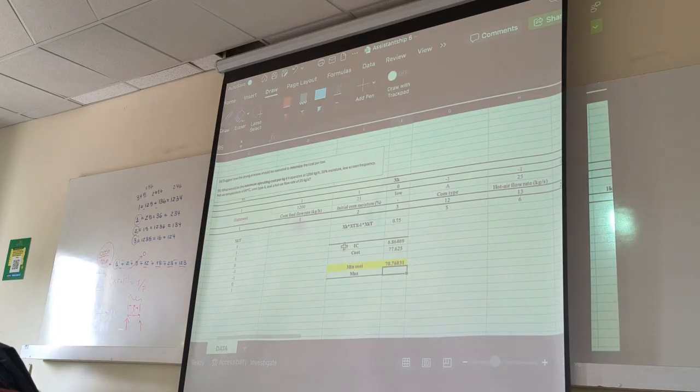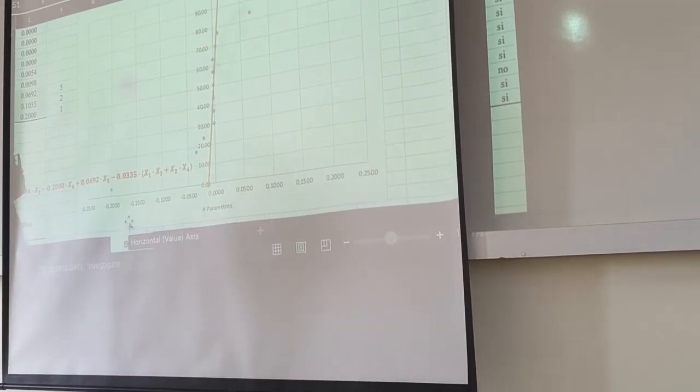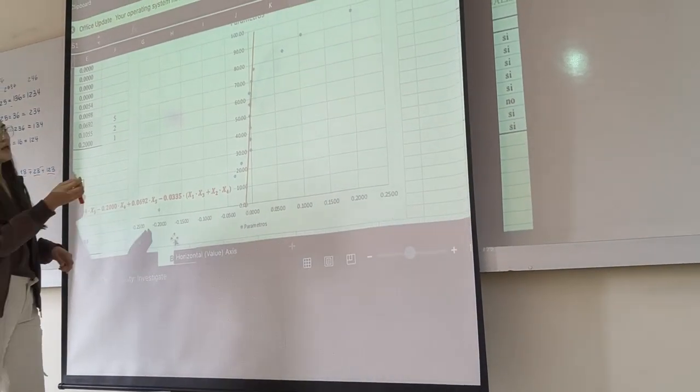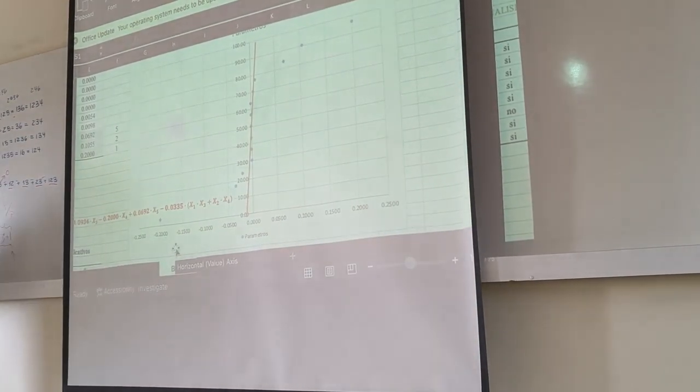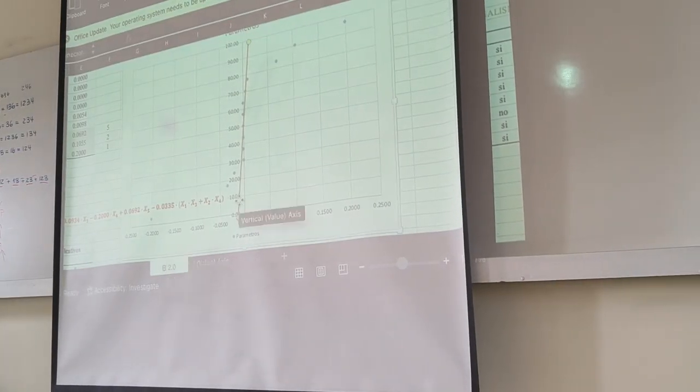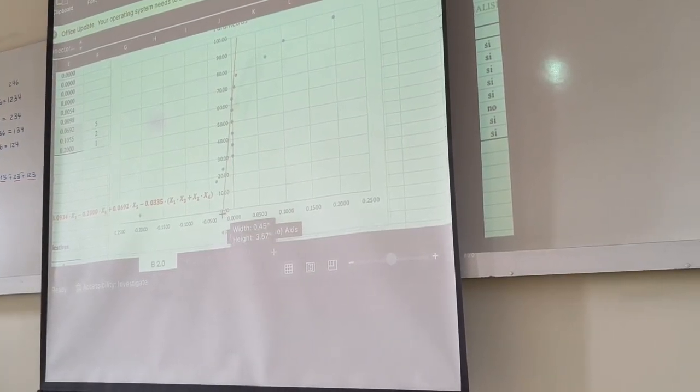And that is all. I don't know if there is some question or something. In the MATLAB you get the line, but you can tell. I think in the MATLAB this line is too close to one value.